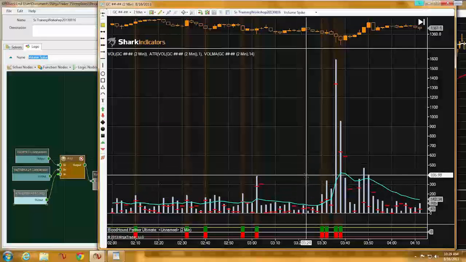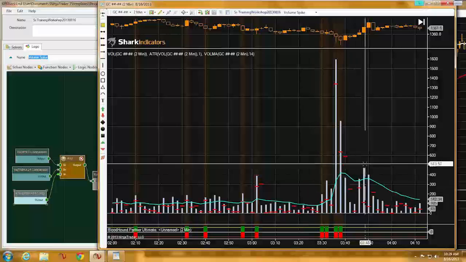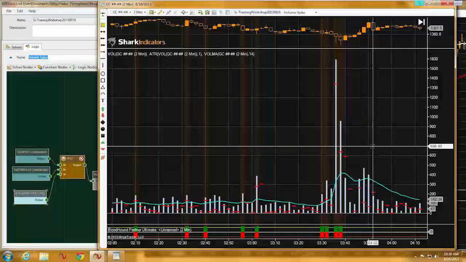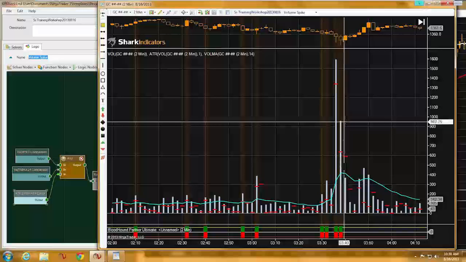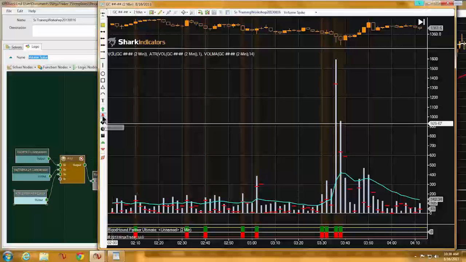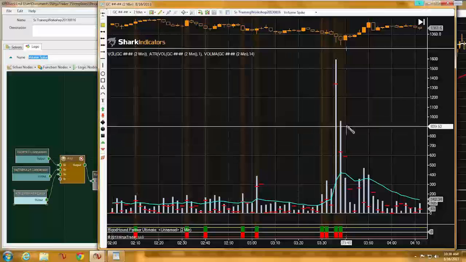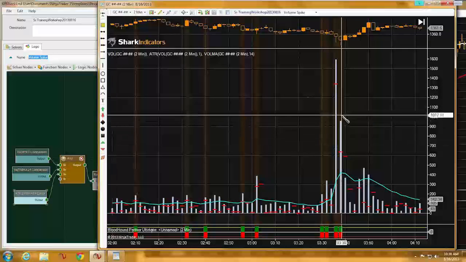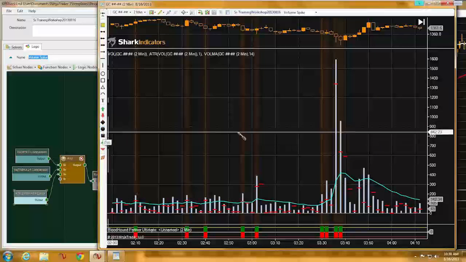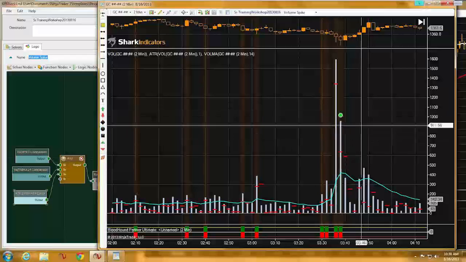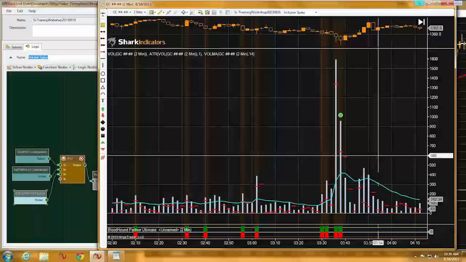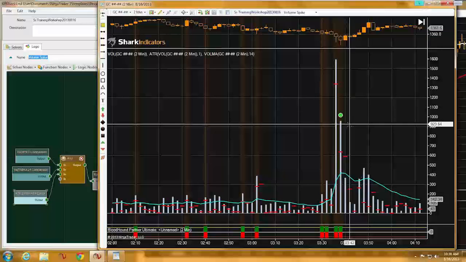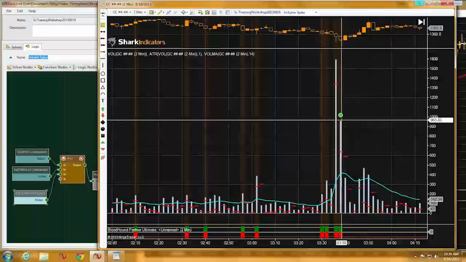And all right, so here's a problem. So let's mark this guy. I'll use the green dot. So that guy's a problem. Let's see. Yeah, it is marked.